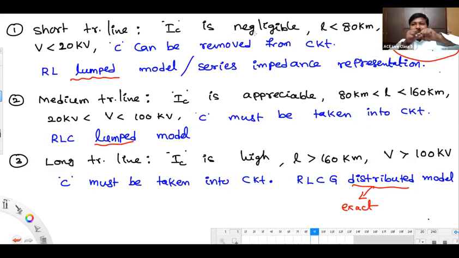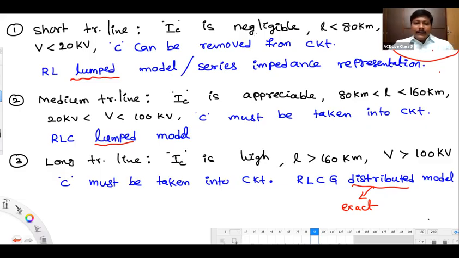Which model do we have to select among these three? That is decided by what type of analysis you are carrying out, and how accurate you require the result to be. That decides which type of model is to be selected.